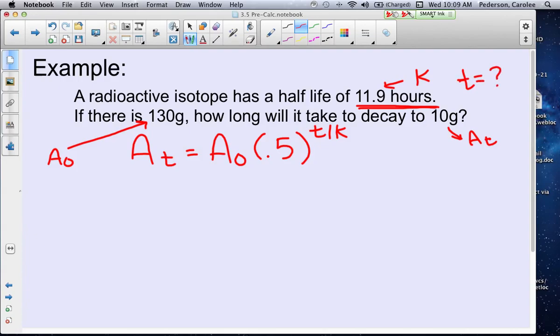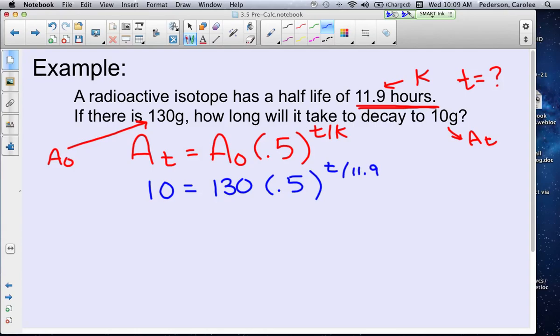All right, so let's go ahead and substitute those pieces into the equation. So we said our A sub t is 10 grams. Our initial is 130 grams. 0.5 is its half-life. t is our unknown, and then 11.9 hours.